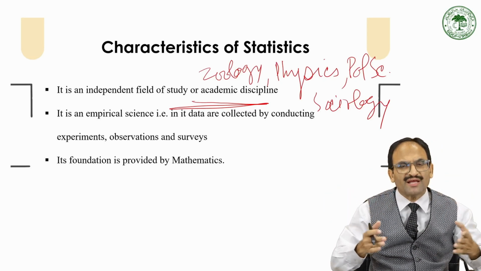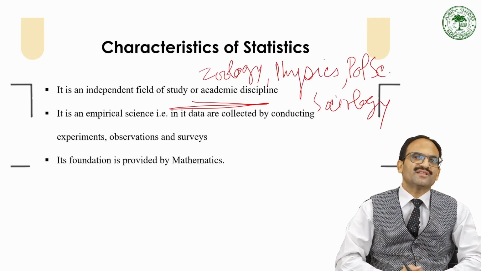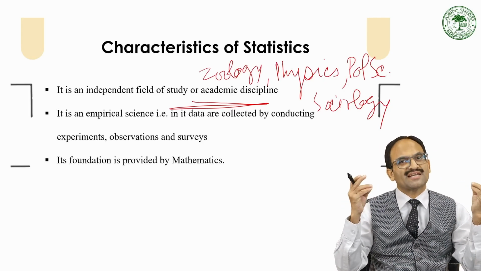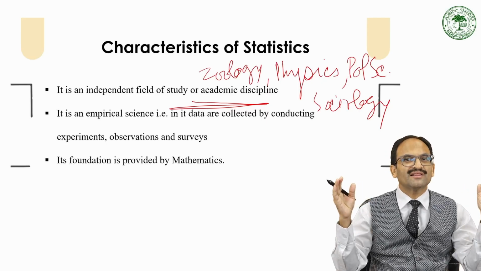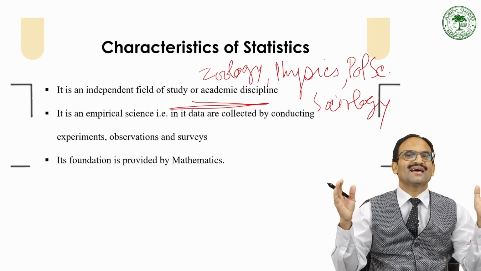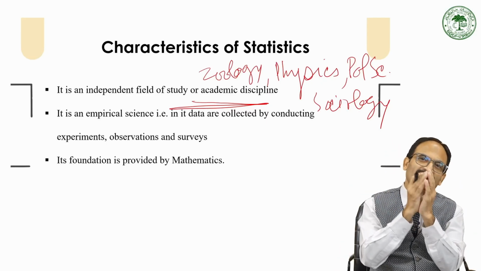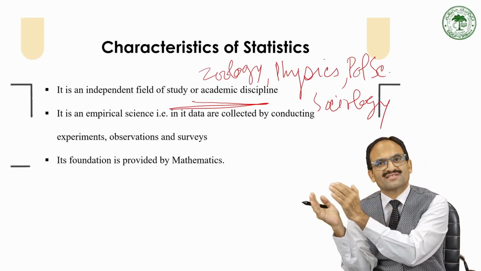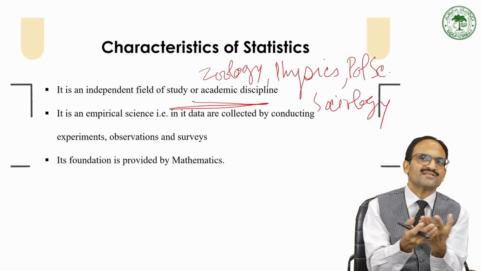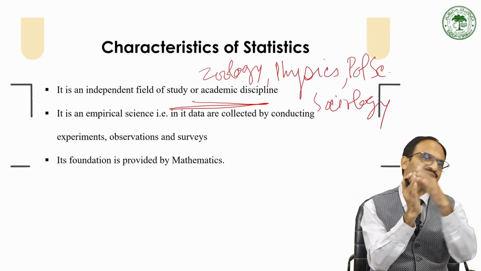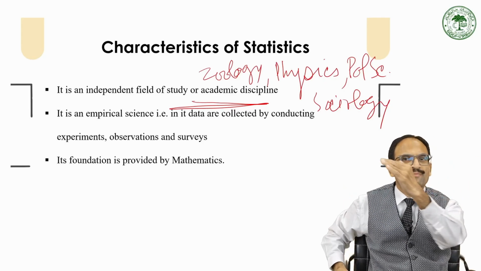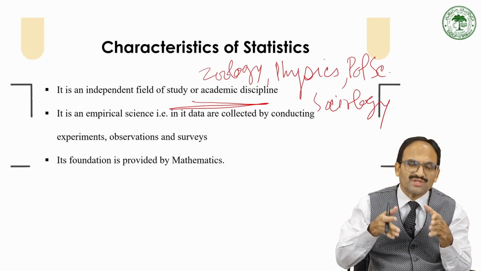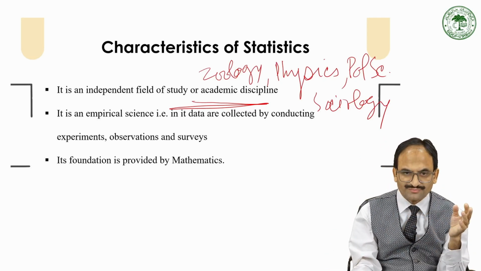And even today there are so many universities in India where you will find the department of mathematics and statistics run hand in hand, together. Definitely there are some other universities where the statistics department is different and the mathematics department is different, but so many universities run both departments hand in hand.